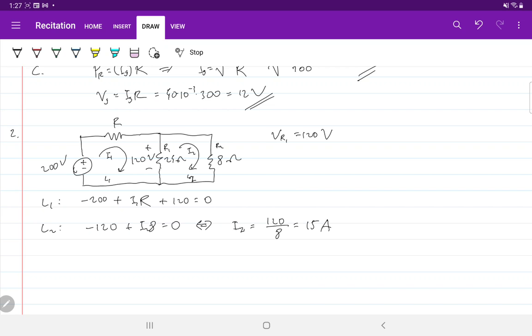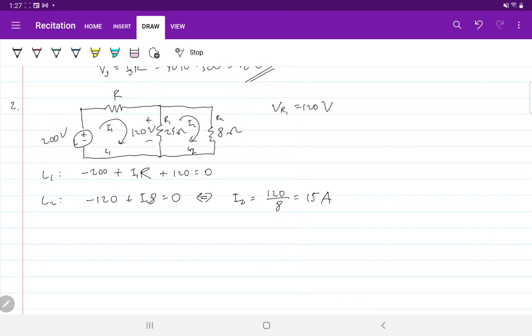We need another equation to solve it, and this equation comes from this R1 resistor. So what do we know about that? From Ohm's law, for the R1 resistor, the voltage, which is 120, equals the current at R1, IR1, times the resistance, 24. But what is IR1?